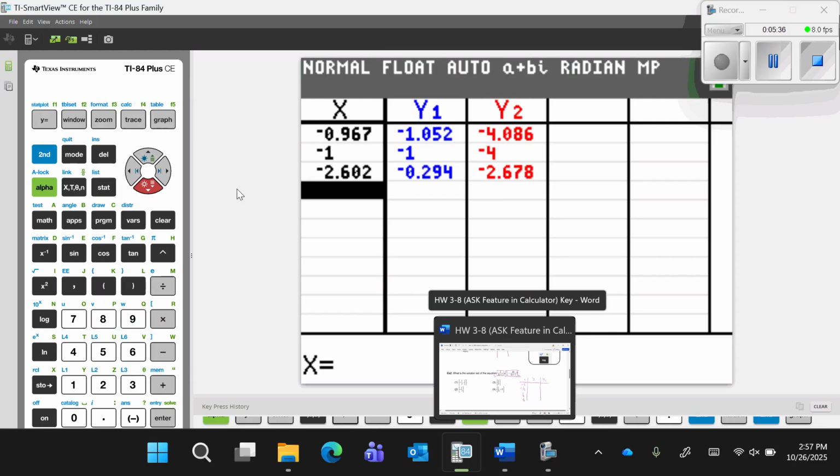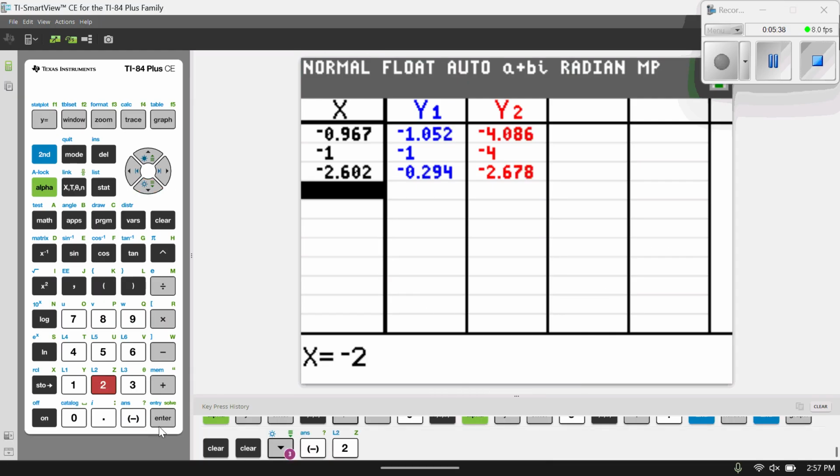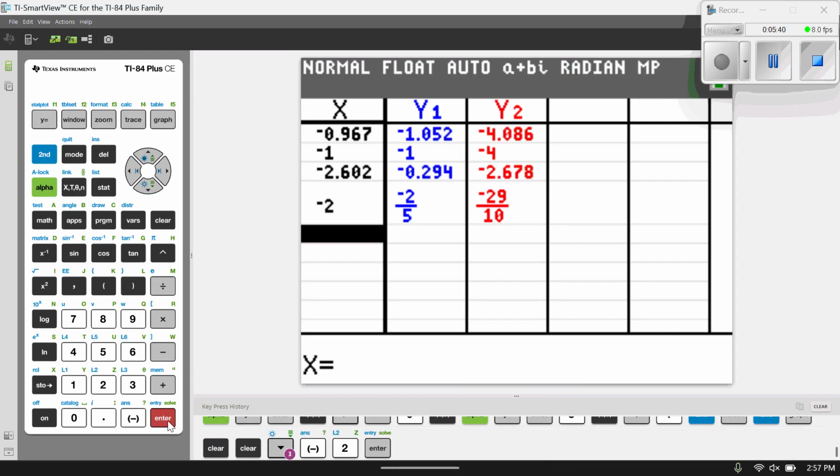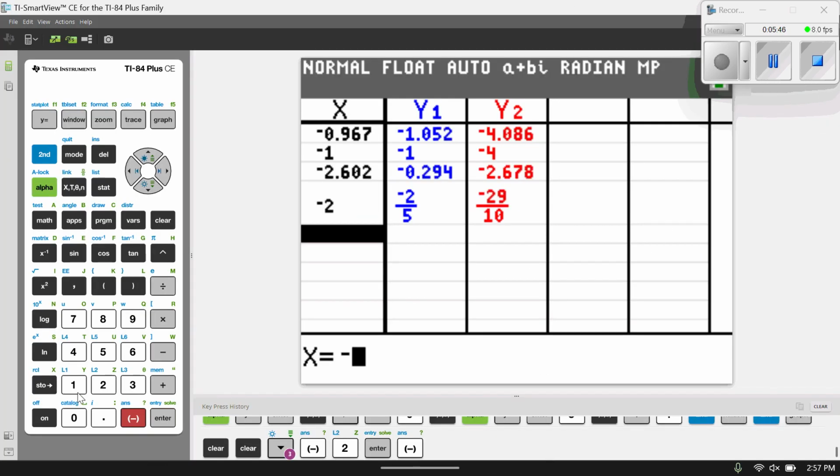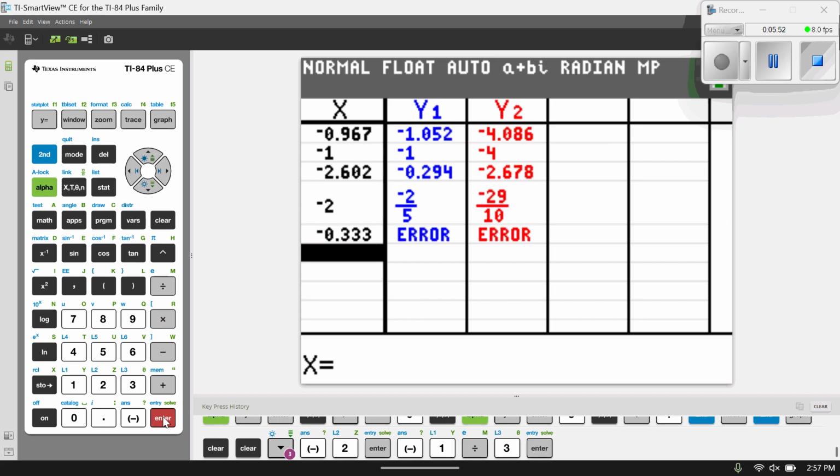So the first value that we wanted was -2. -2 gives me different values, so it's not the answer. The next value is -1/3. When I put this in and hit enter, it's going to give me errors. Errors are not answers.